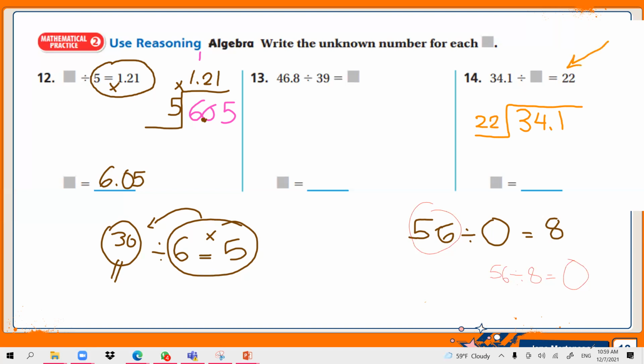Then, 34 divided by 22 is? One, bravo. 1 times 22 is 22. Then what do you have to do next? Aywa.